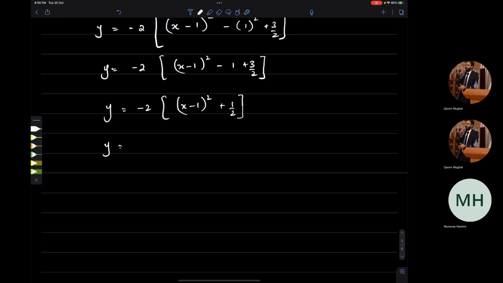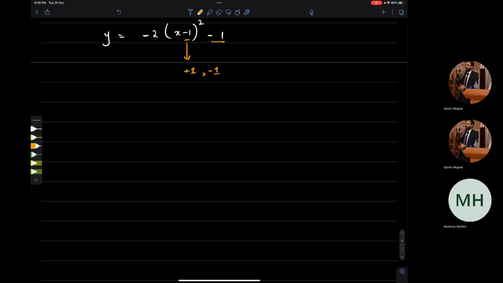And then multiply the negative 2 inside. That's going to give us negative 2 into (x minus 1) whole squared minus 2 times half, which is going to be negative 1. Okay? All right. The turning point in this case would be positive 1, and this one as it is, negative 1.